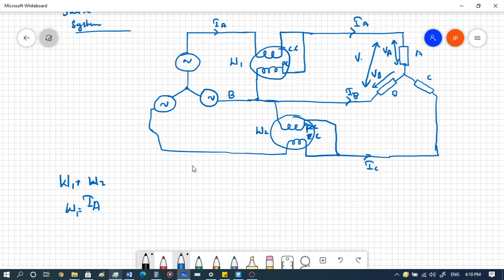So the entire voltage over here can be written as VAB, which is VA minus VB. So the pressure coil is going to measure the entire voltage across these 2 points, which can be written as VA minus VB, or VAB, that is W1 = IA into (VA minus VB). Similarly, you have W2, that is equal to IC.